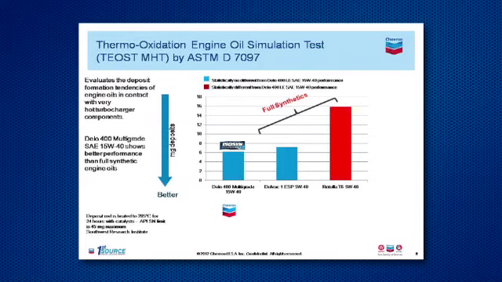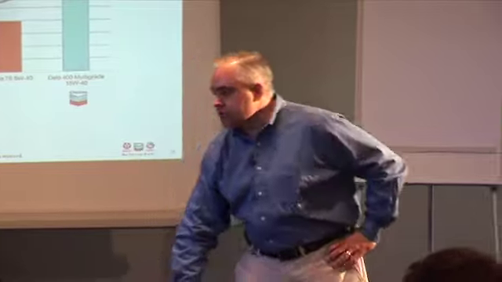As you can see, our Delo 400, which is not a synthetic product, it's basically just Delo with our premium Group 2 base oil and our additive formulation, performs pretty well compared to the other two products. We performed equally to the Mobil 1, and we were better than the Rotella T6 in terms of lower deposits, lower potential for issues there.